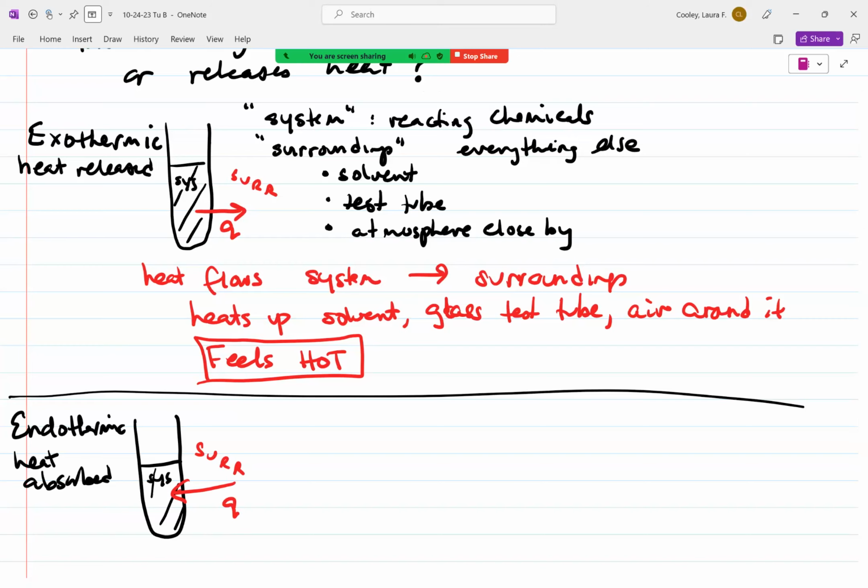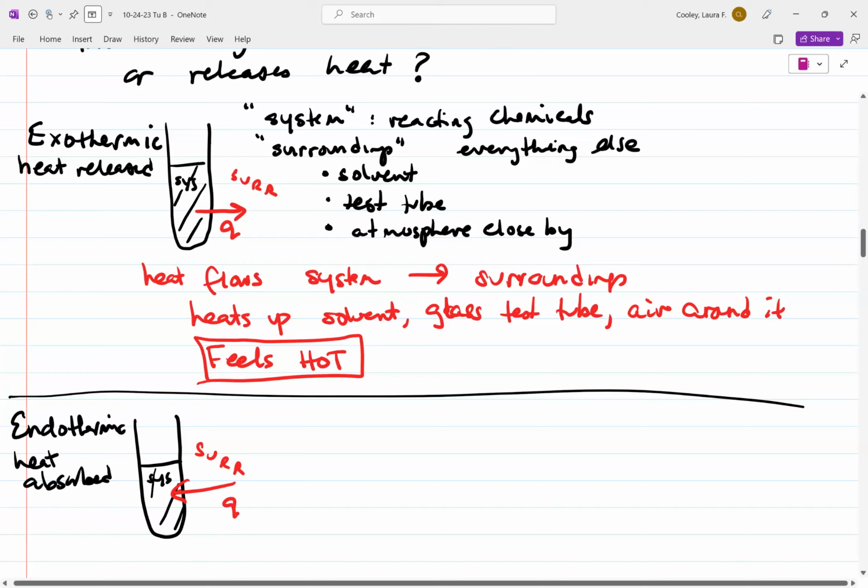If I'm holding ice cubes, the ice cubes will melt. They will supply the heat. No, that's the opposite. Now, if I'm holding water, it might turn into ice. Heat is coming out of whatever it is that's in the surroundings.